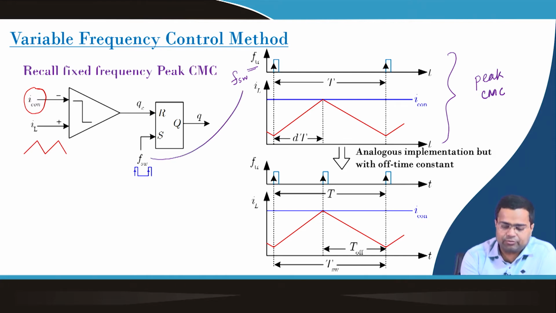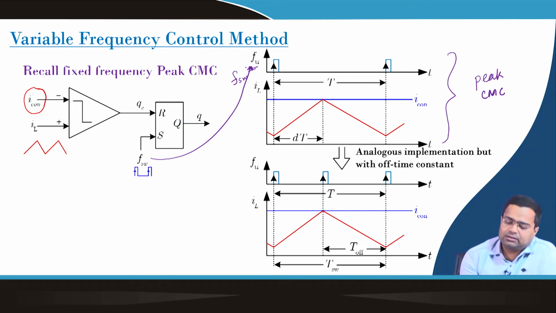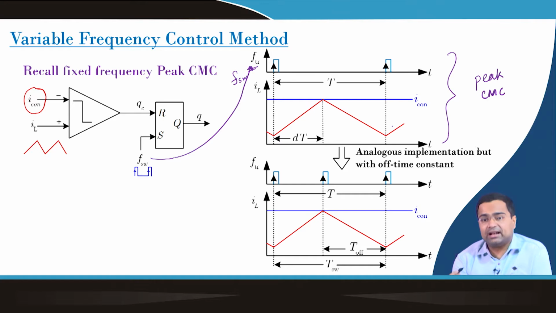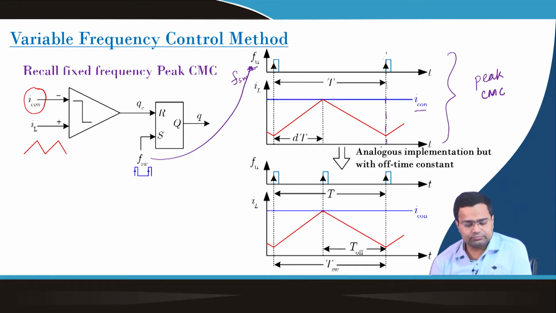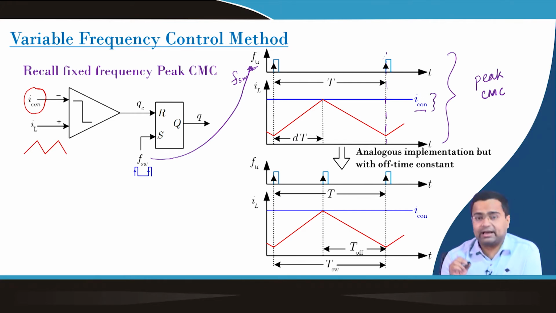Whenever the inductor current reaches the peak current, here the control current, the switch turns off and remains off until the next clock comes, and then it turns on again. We also discussed reset dominant and set dominant. Now, in this case we control the peak current.